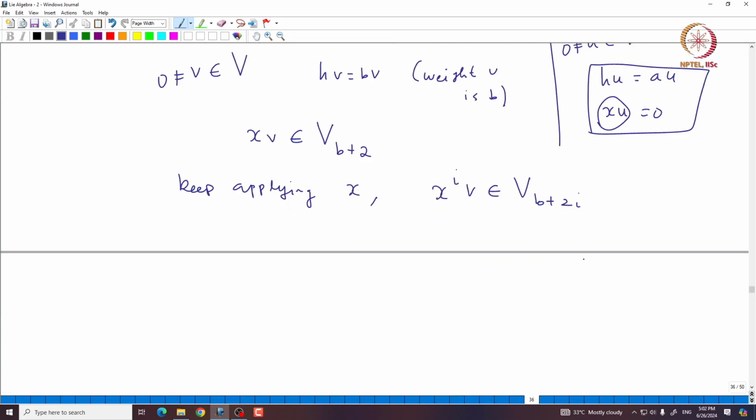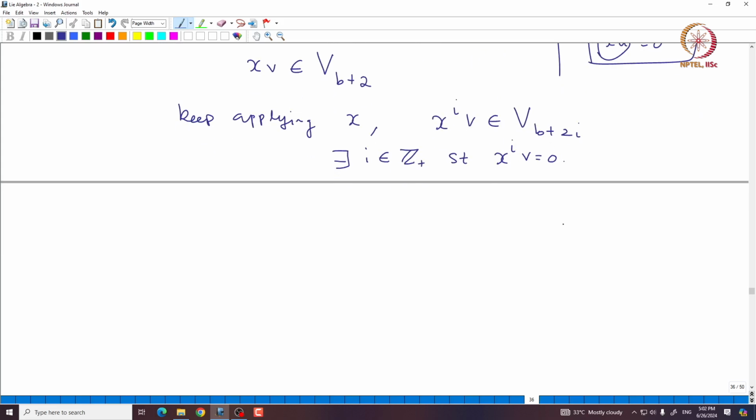So, that implies that there exists i in Z plus such that X^i v is 0. Now, you take u to be X^{i-1} v, because X^i v is 0.